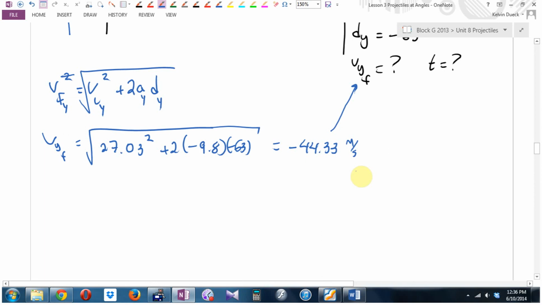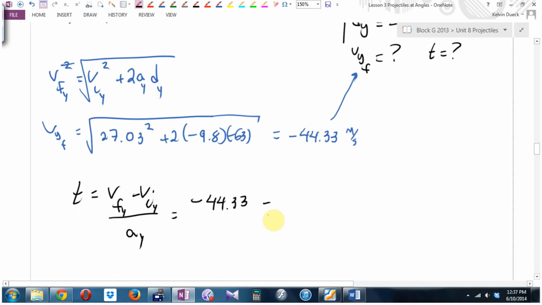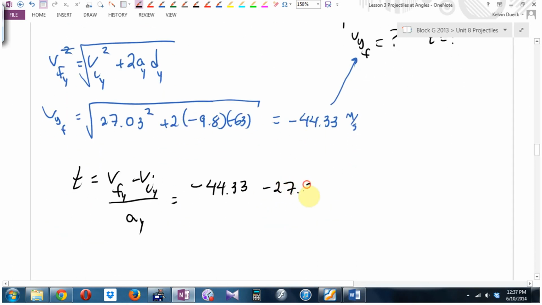Having done that, now I can find time, which is what this wanted me to find. It's Vf minus Vi over a, vertical, vertical, vertical: negative 44.33 minus 27.03, all over negative 9.8.